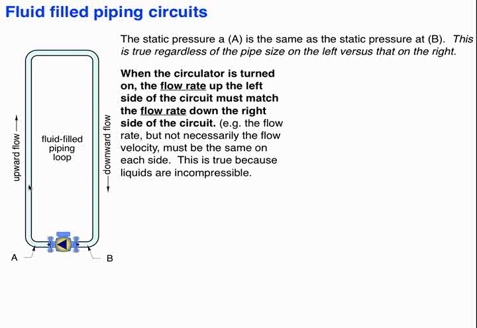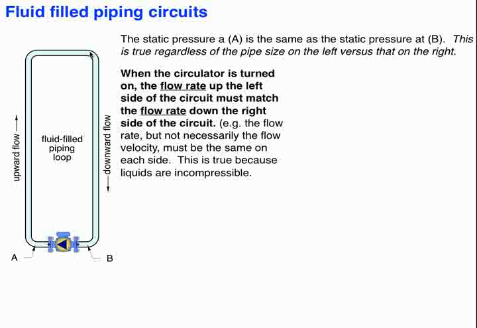So if we were moving 10 gallons of liquid up this side per minute, 10 gallons per minute of liquid has to be coming down over here. If only 9 gallons per minute is coming down and 10 is going up, I'm going to tell you somewhere you have a leak, and it's leaking at a rate of 1 gallon per minute. So again, we're assuming no leaks, and we're assuming the fluid is filling the circuit.